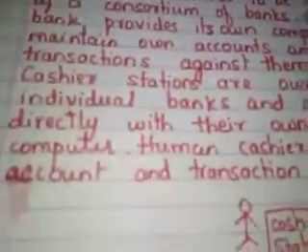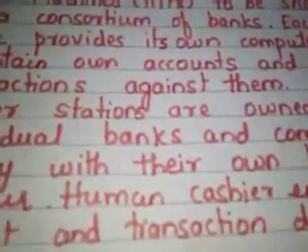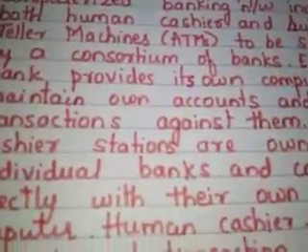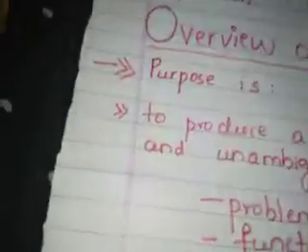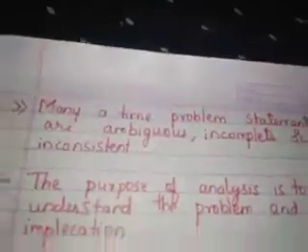I have just covered the human cashier's part and have not included ATMs. Like that, problem statements many times will be incomplete, ambiguous, and inconsistent.